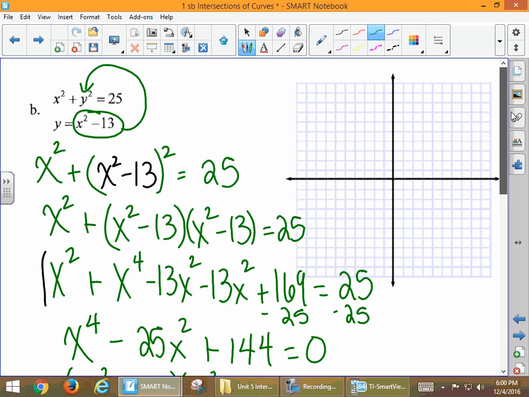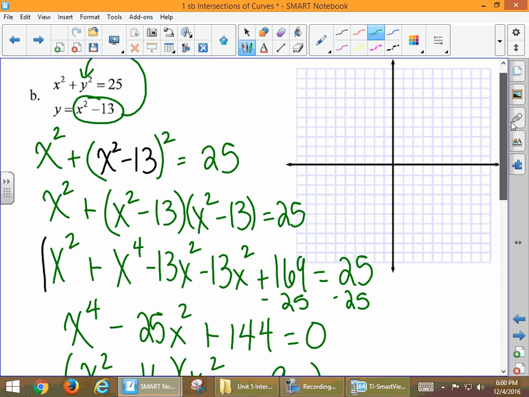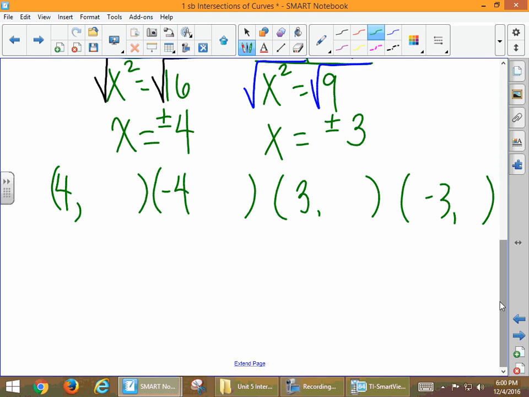And I'm going to go back into the problem here and figure out what my other values are.